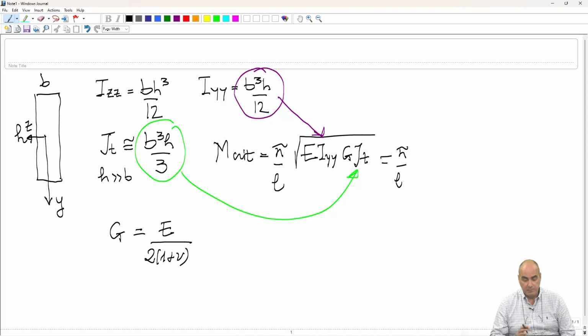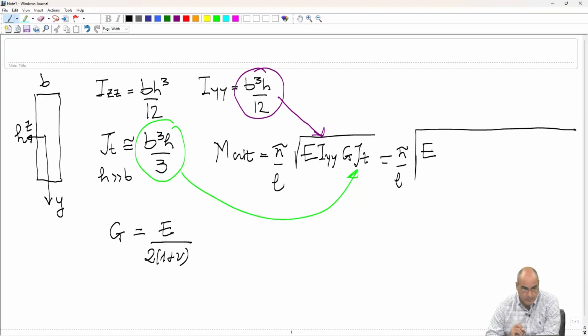This is from solid mechanics. So we make a big square root, and we have E, but G has another E inside, so this is E squared divided by 2(1 + ν).